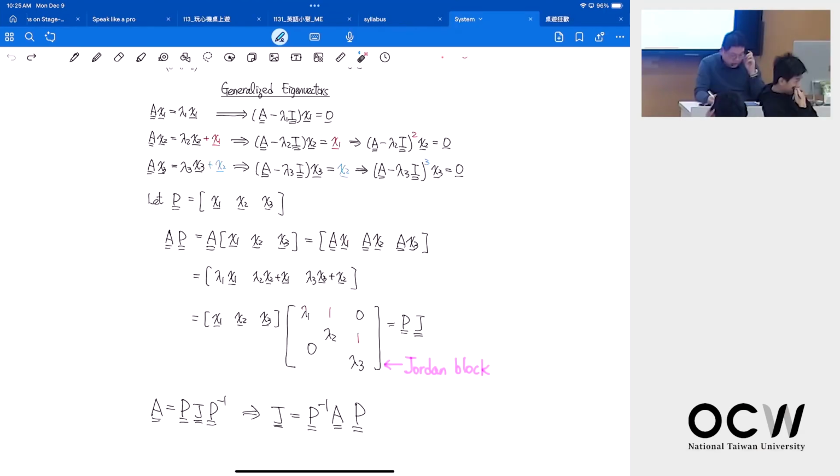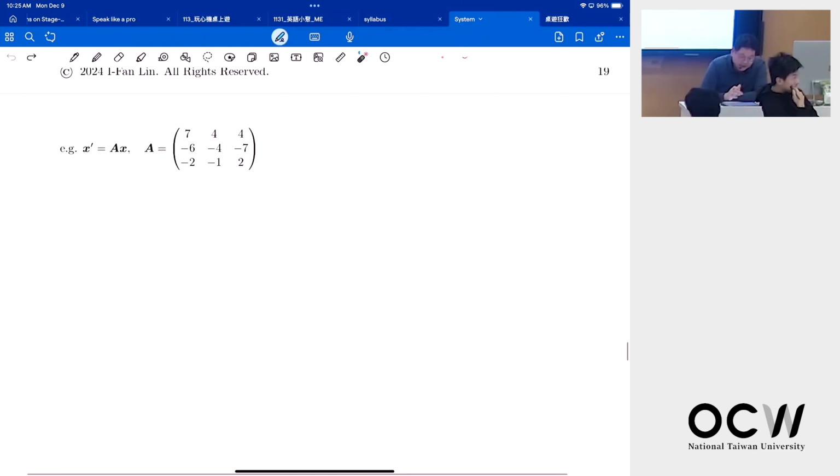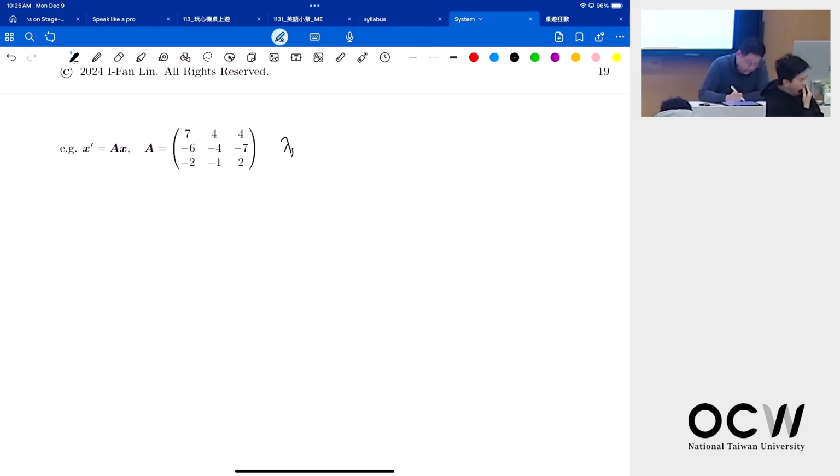Okay, now let's see this example. X prime equals AX, and I have an A. This is a 3 by 3 matrix, so you can find 3 eigenvalues. The first eigenvalue is lambda 1 equals -1, and the associated eigenvector is 1, -2, 0.